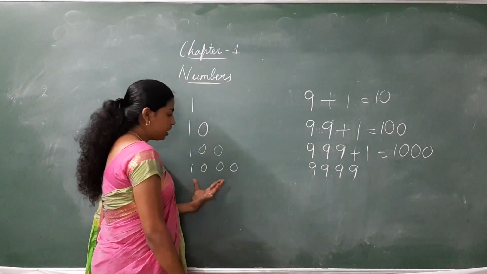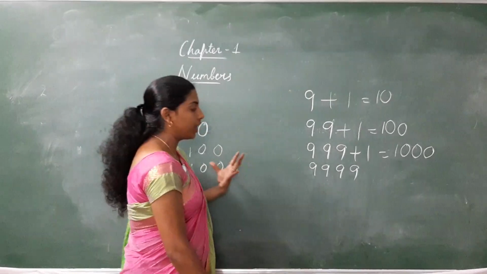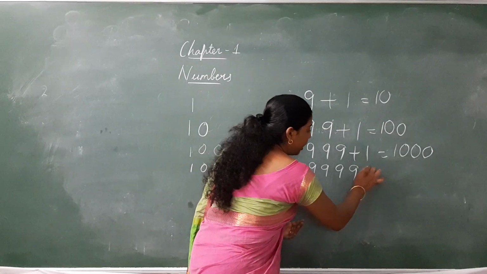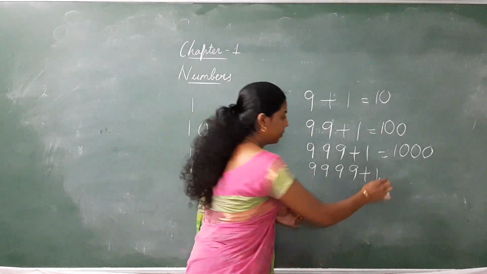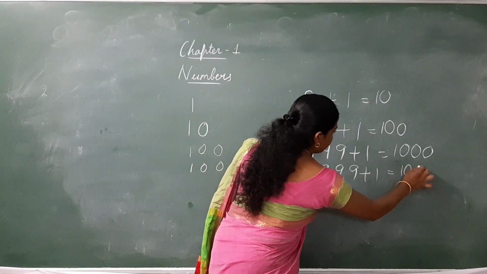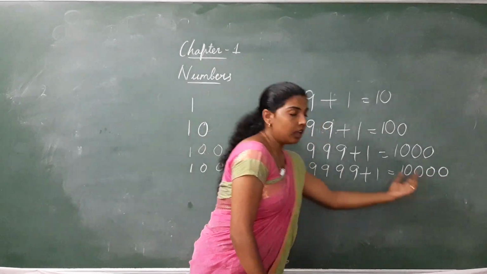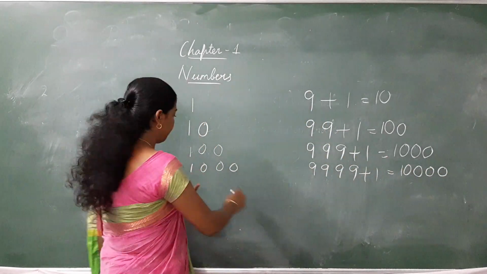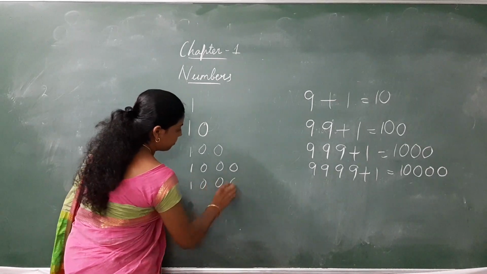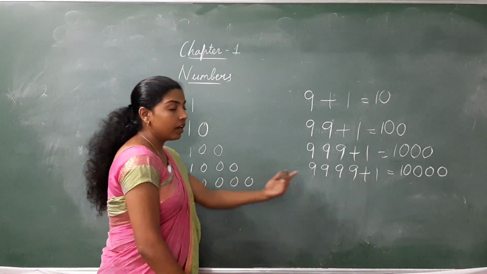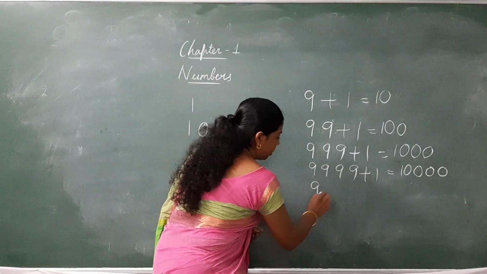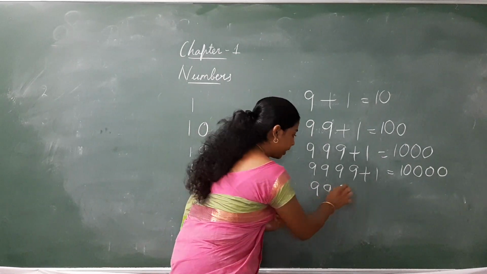Next, we have to write the smallest five-digit number. For that, we are adding 1 to this largest four-digit number. Now, this is the smallest five-digit number. Next, the largest five-digit number. We have to write 9 five times.